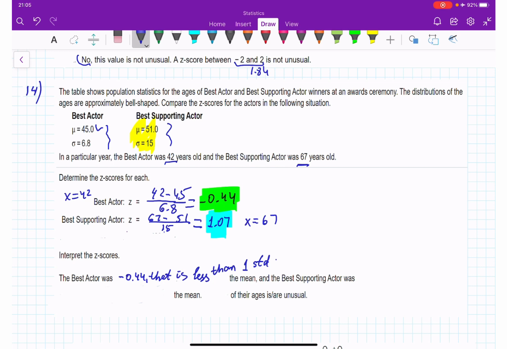It goes below because it's negative. And the best supporting actor was 1.07, which is above 1 standard deviation above the mean.